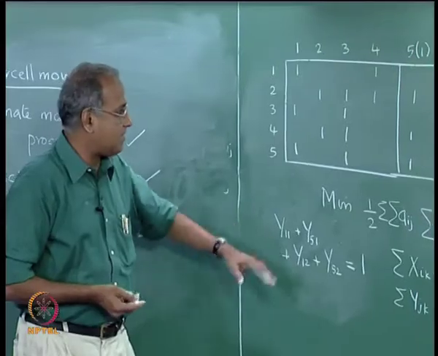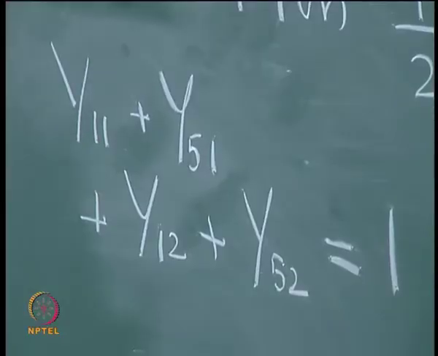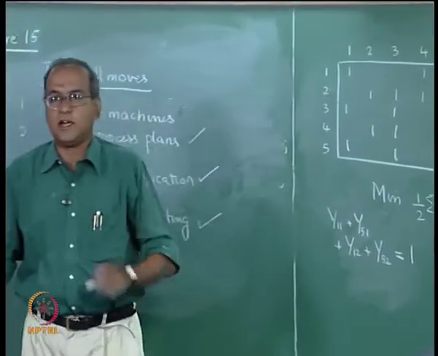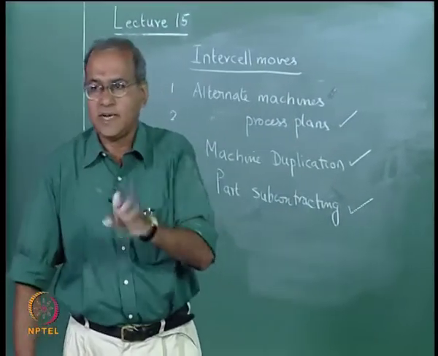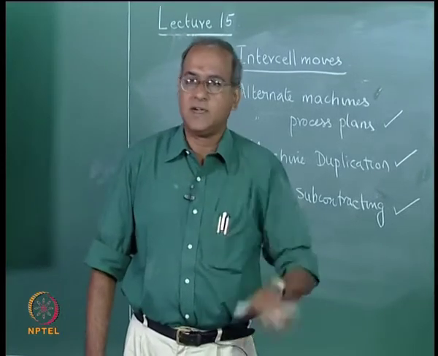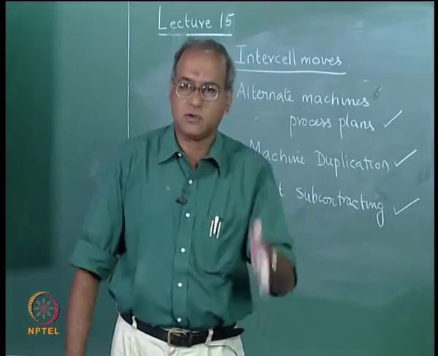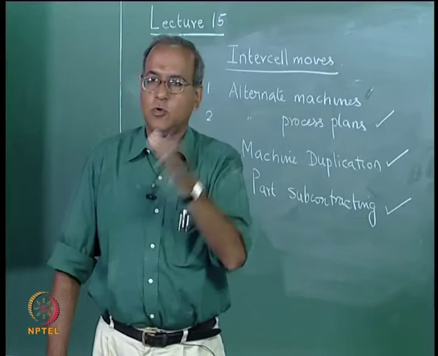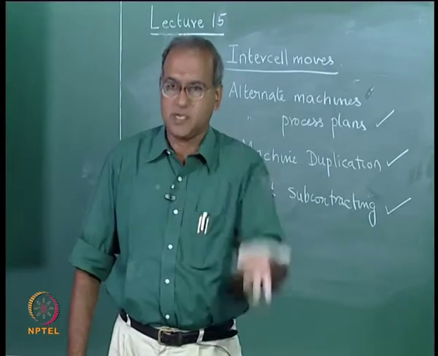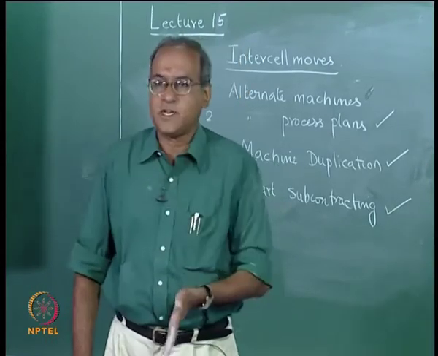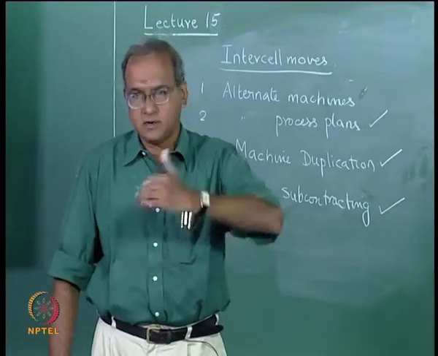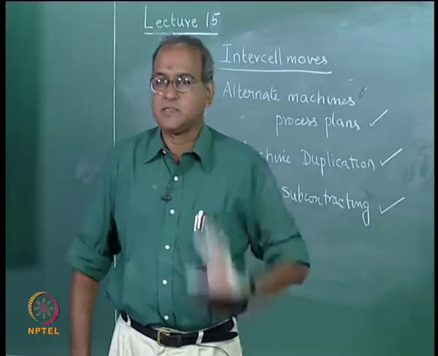In a similar manner, we can write y21 plus y61 plus y22 plus y62 equal to 1, which will ensure that only one out of them will take 1, the others will take 0, which means only one out of the 2 possible alternate process plans will be chosen, and that process plan will either be allocated to cell 1 or allocated to cell 2.